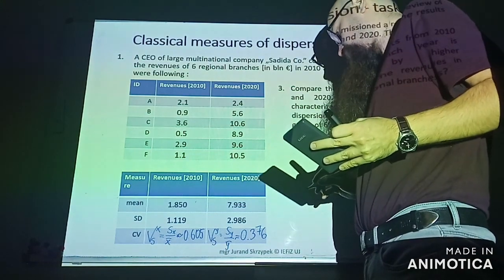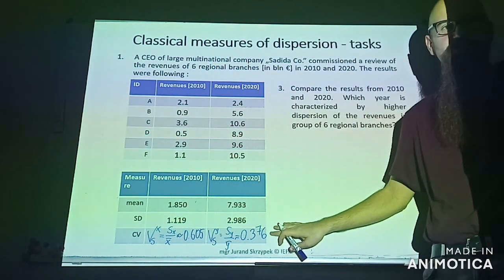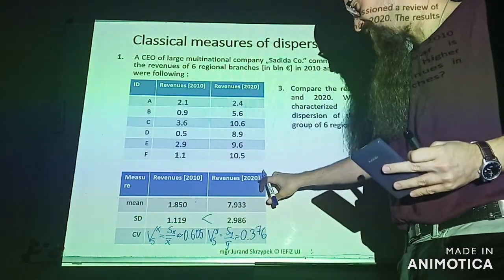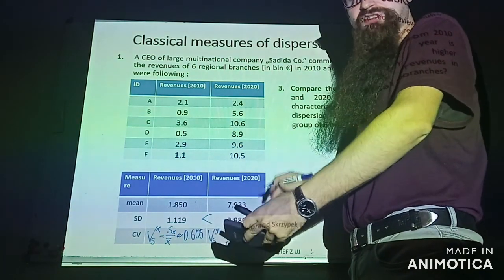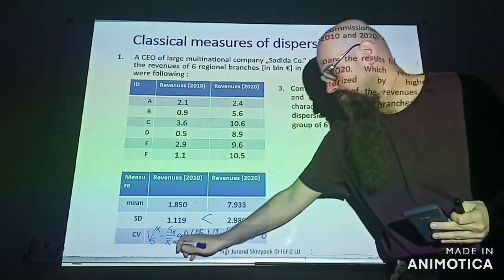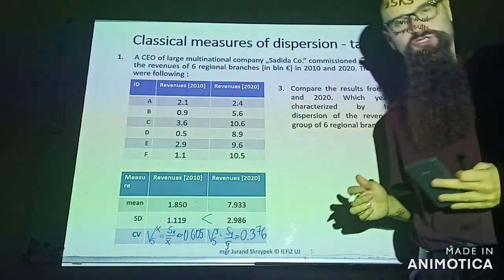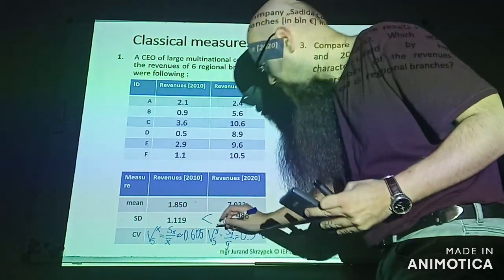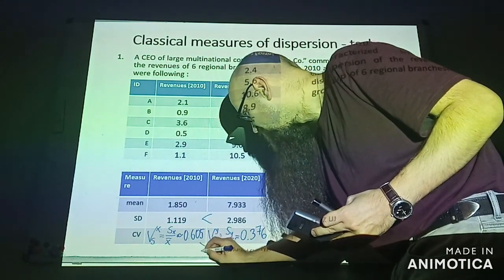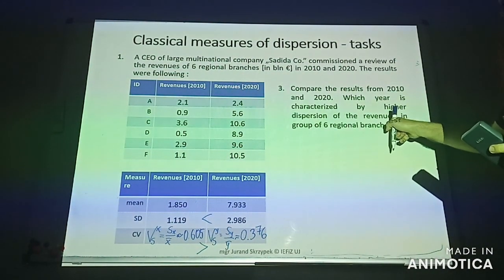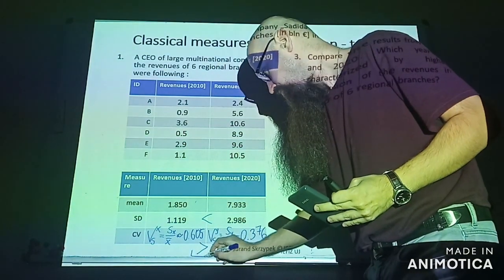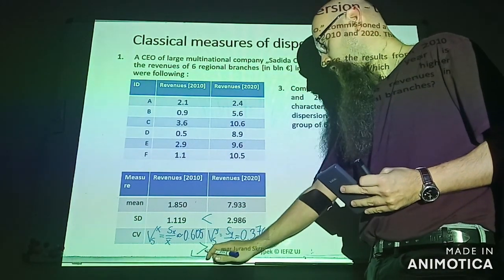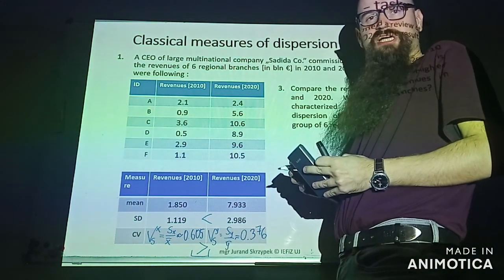As you can see, we can be surprised, because standard deviation is higher in 2020 year, but in relative terms, if we take into our consideration the mean level, the average level of considered phenomenon, the revenues, we are 100% sure that the dispersion of the revenues was significantly higher in 2010.